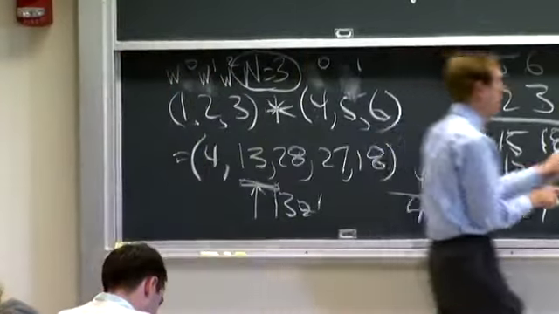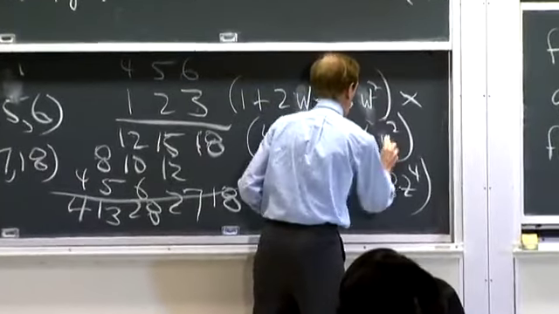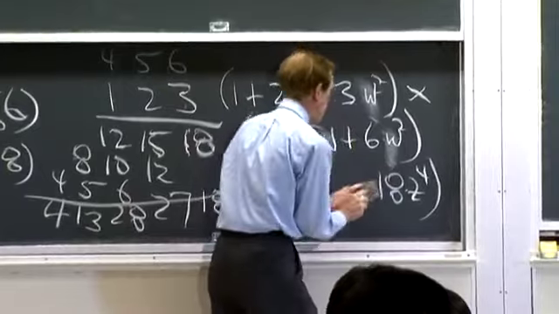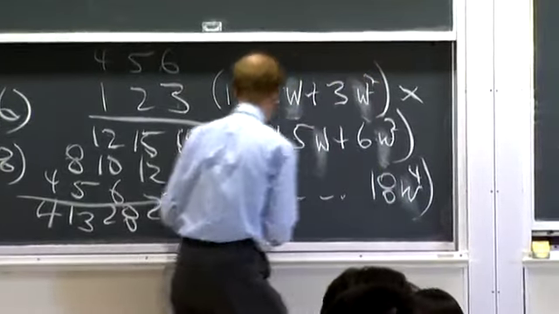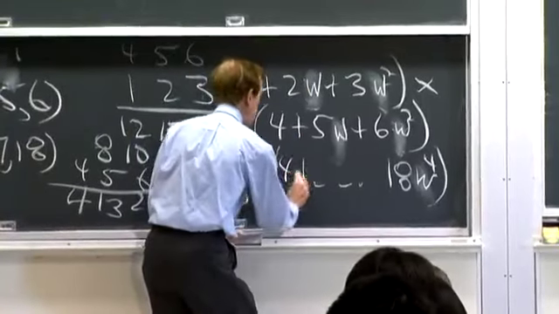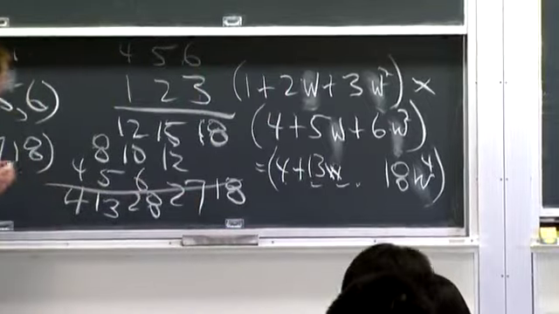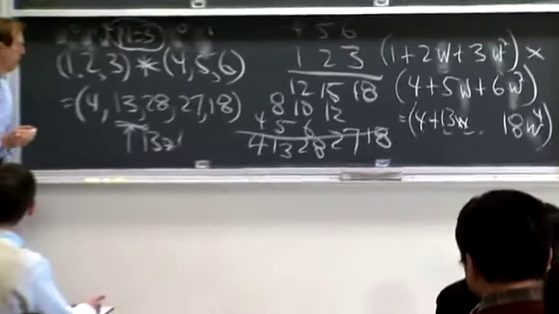I'm thinking of this same multiplication here, but now with w's. Okay, so I'll end up with 18w to the 4th, and 4 was the constant, and 13 w's, and so on. All these numbers.